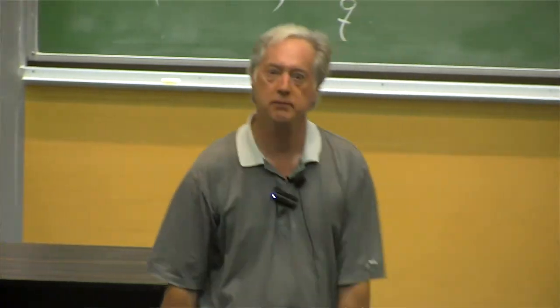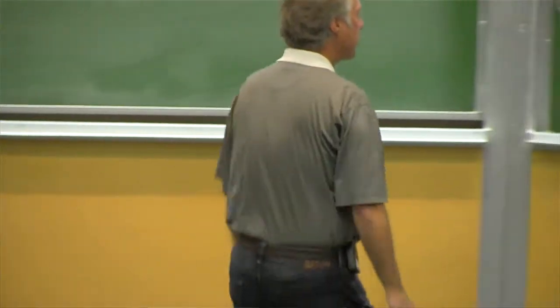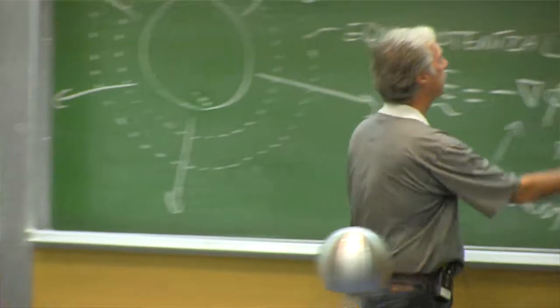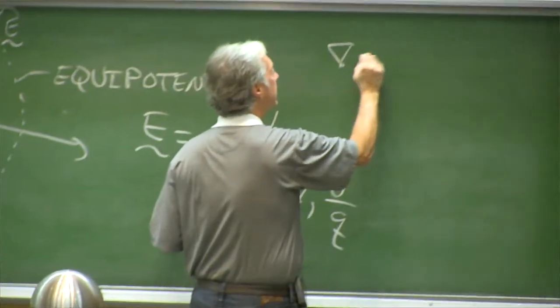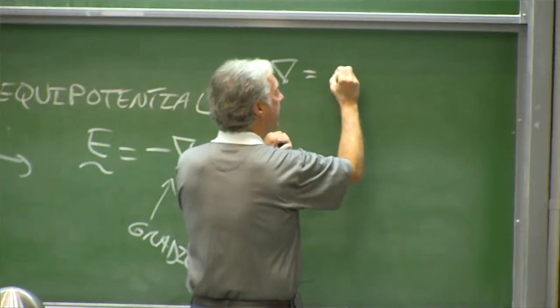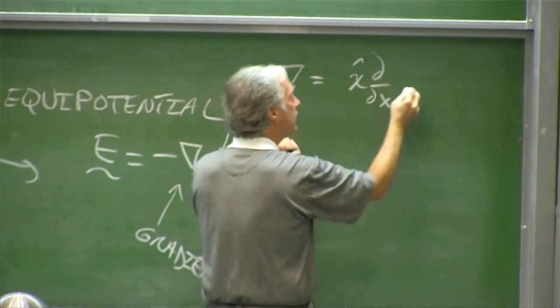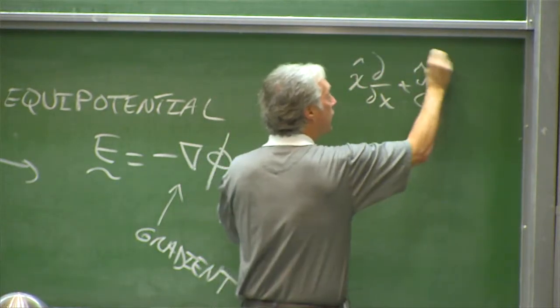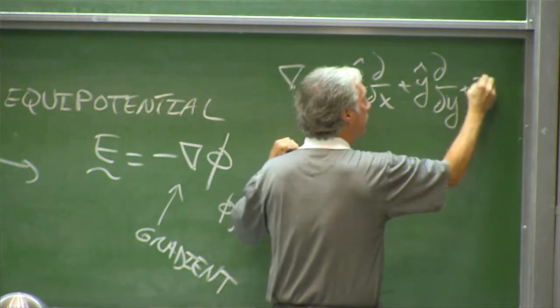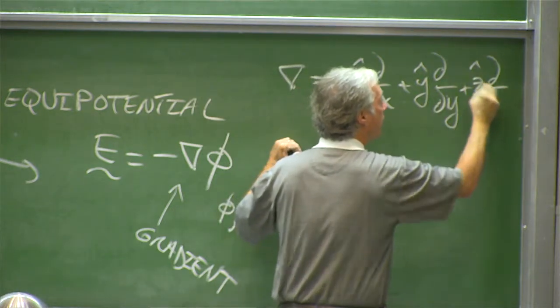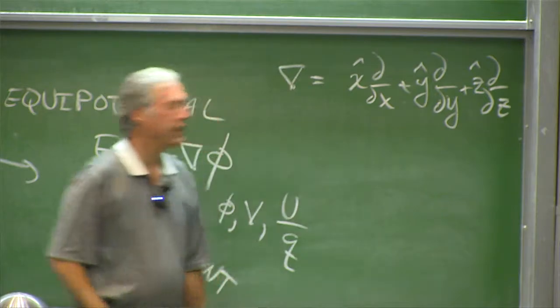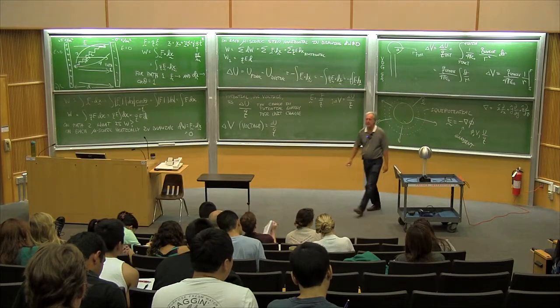change of the potential. So this gradient symbol, we write it as x hat d by dx plus y hat d by dy plus z hat d by dz. Oh, and that's not very satisfying to see that either.